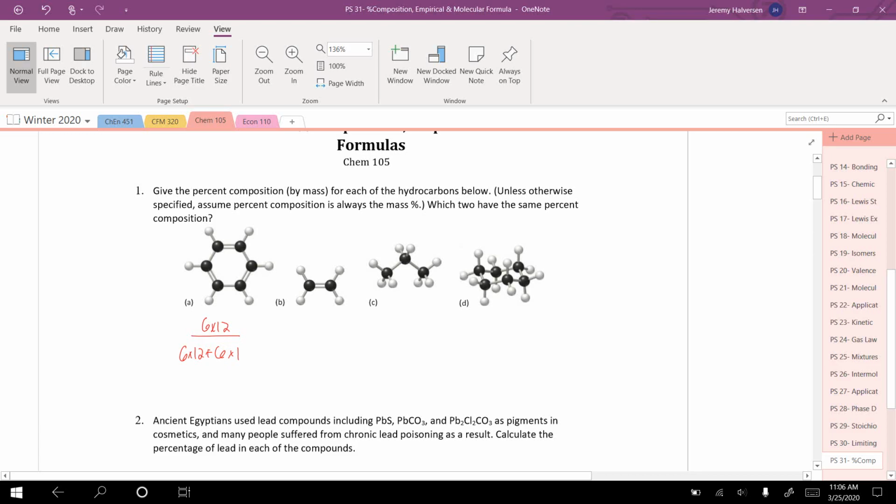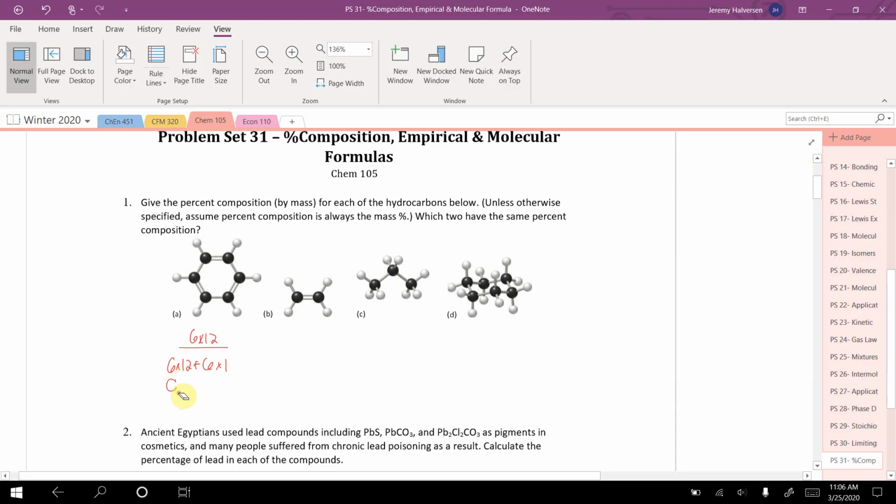When I do, I get 92.3% carbon, which is going to leave it as 7.7% hydrogen.